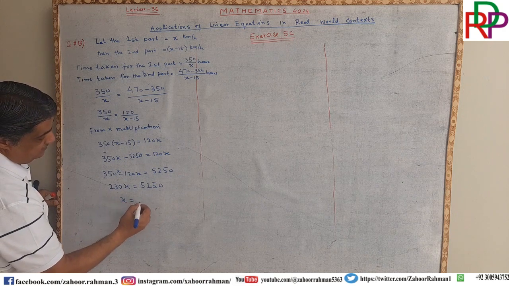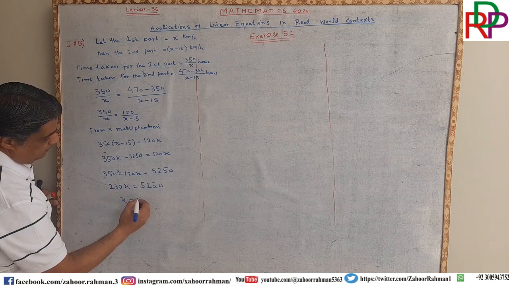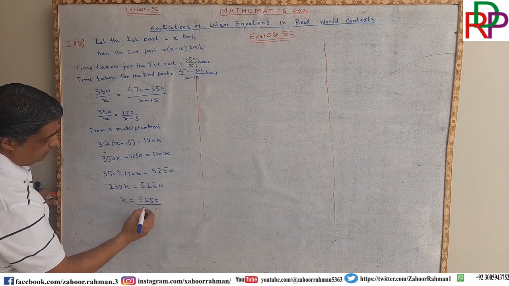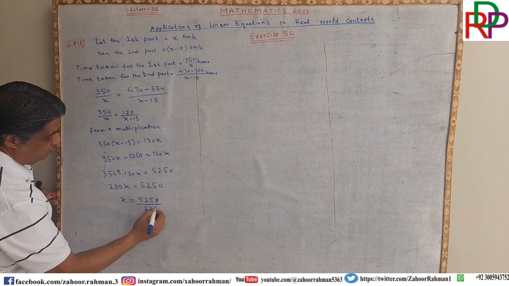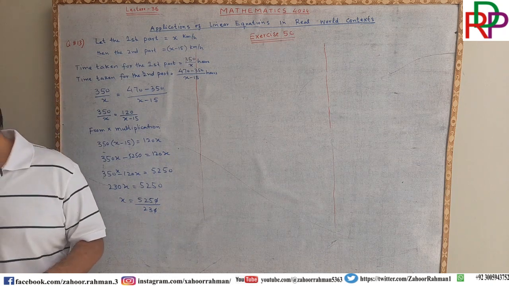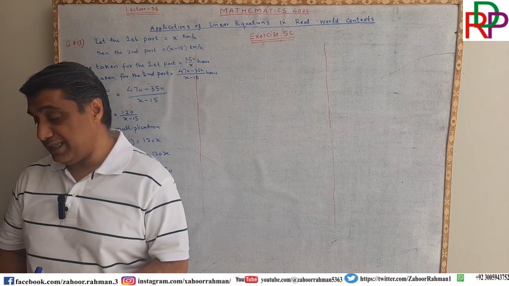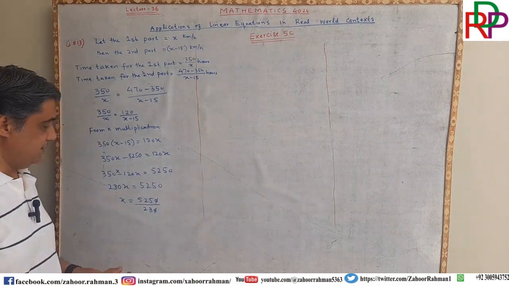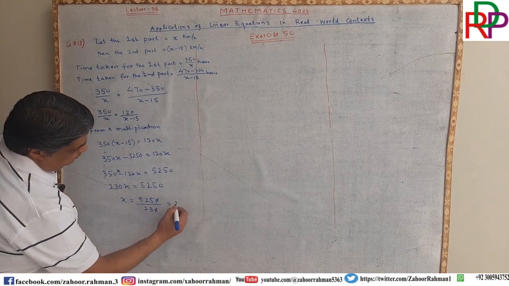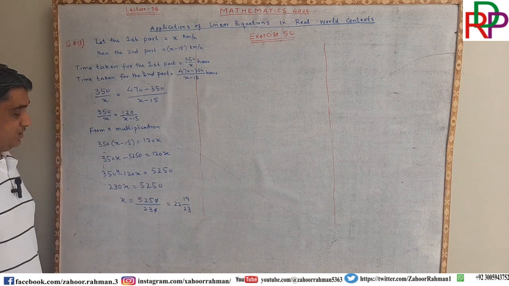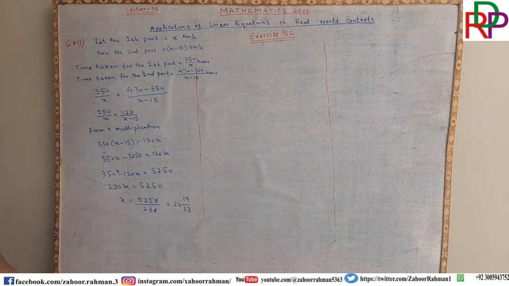So x is equal to 5250 divided by 230. This 0 will be cancelled with this one. So when we multiply this, 22 whole 19 over 23 will be the value of x.